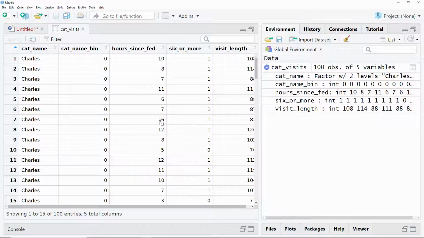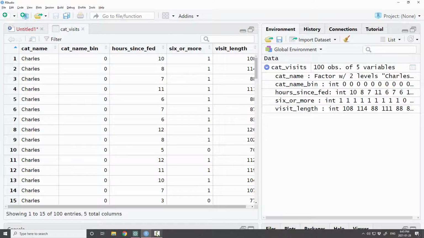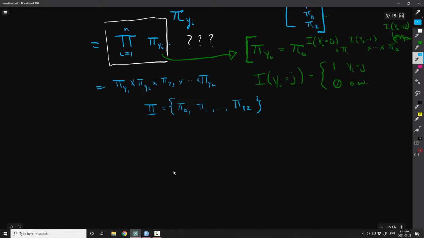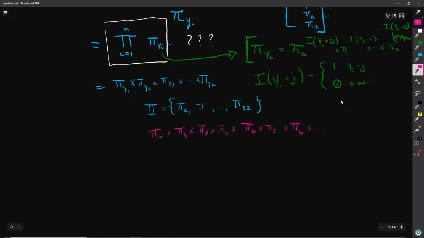So the pi's that correspond to these will be pi 10, pi 8, pi 7, pi 11, pi 6, pi 7, pi 6. If we come back over here, I went and filled those in because it was easier than doing it from memory. So here we have the first 7 observations.